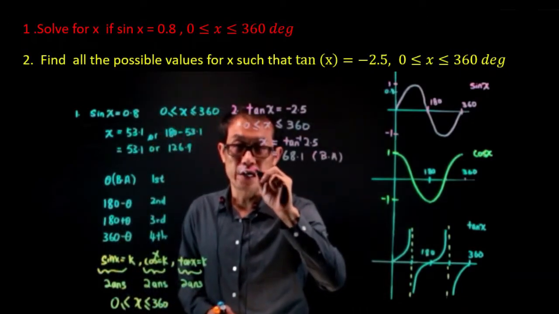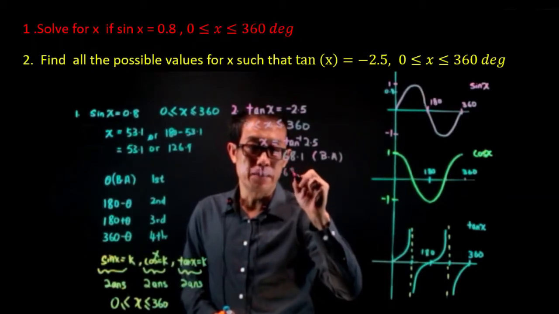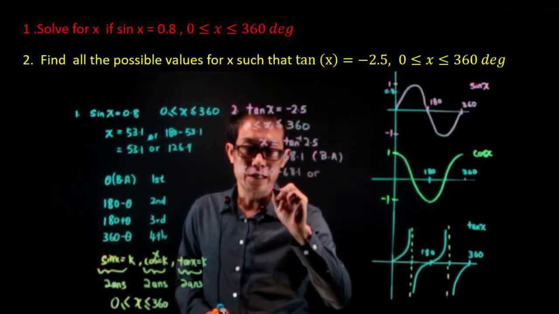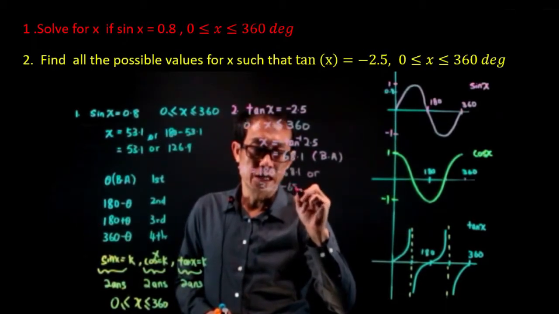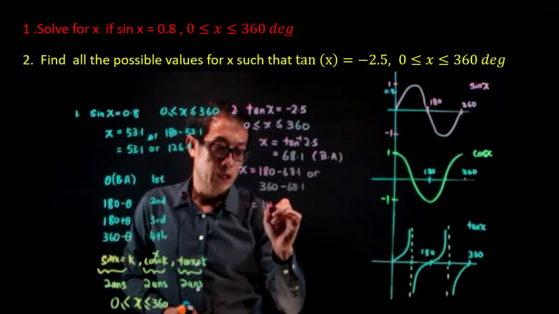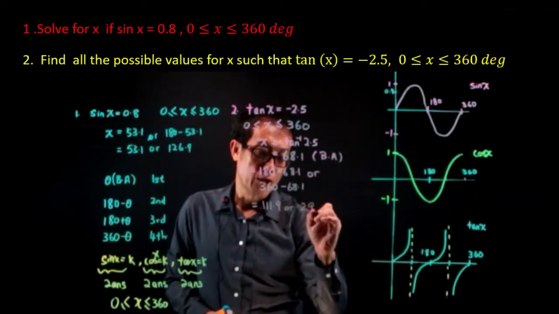My answer for x will be 180 minus 68.1 or 360 minus 68.1, and that gives you 111.9 or 291.9.